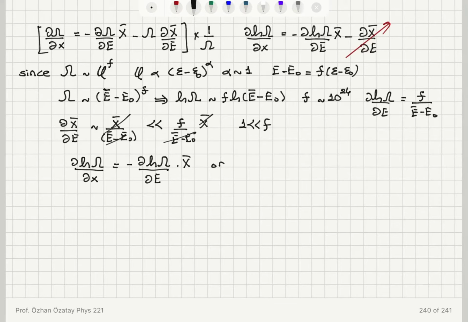Or we can write it as the derivative of the natural logarithm of omega with respect to the external parameter x for constant energy is minus beta times x bar. So remember, beta was defined as the derivative of the natural logarithm of omega with respect to energy.